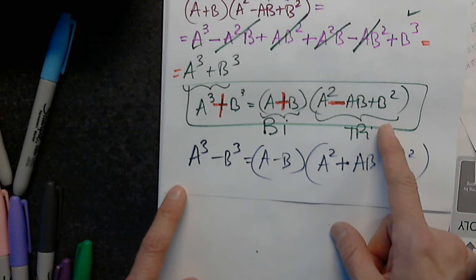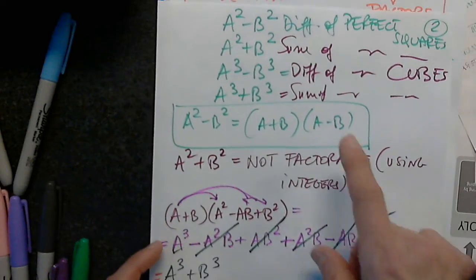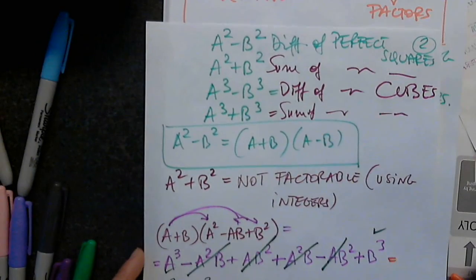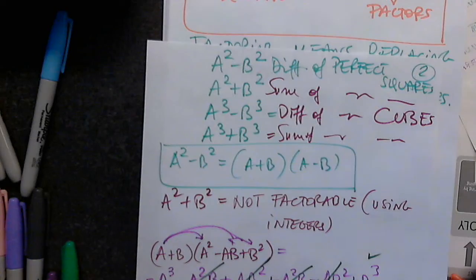This one. I think I missed something. I want to write it down. Here, yes. Okay. Which one is not factorable? The sum of squares. Alright.